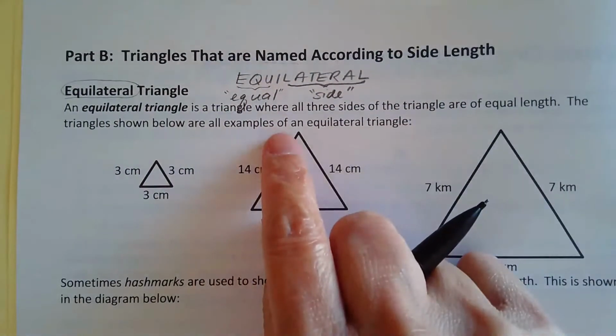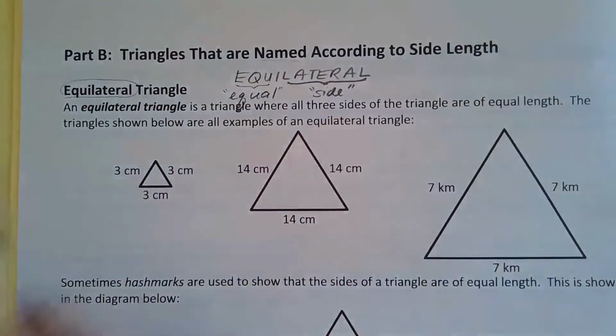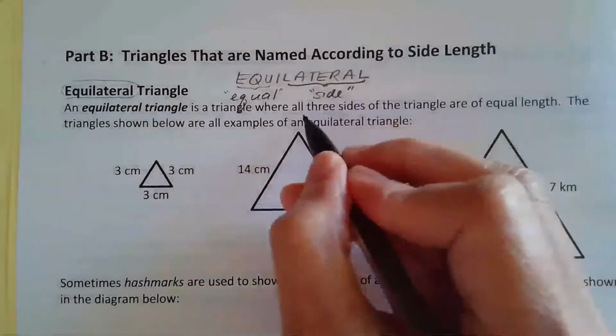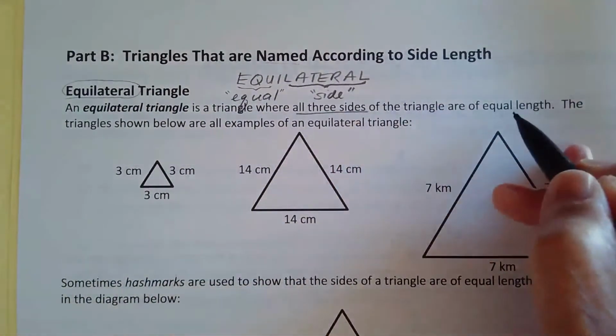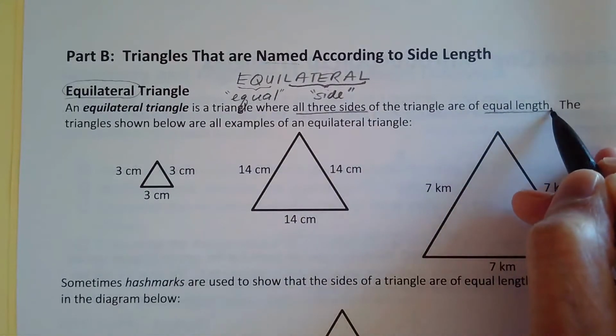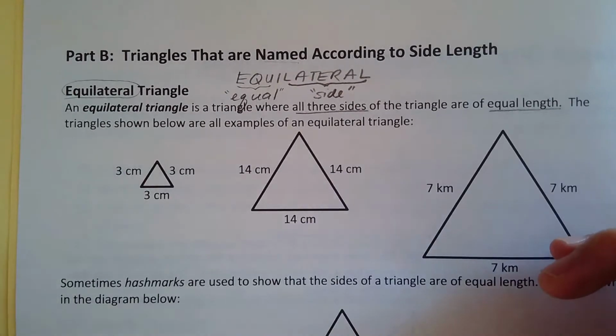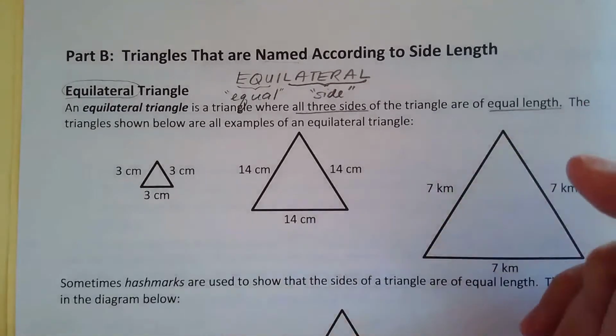So that's basically what it is. The triangle has equal sides. An equilateral triangle is a triangle where all three sides are equal in length. The interesting thing about equilateral is that all of the sides are equal. That's a given. But another interesting thing is that all angles are equal. So we're going to read on.